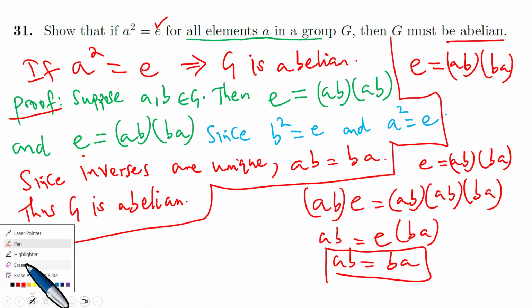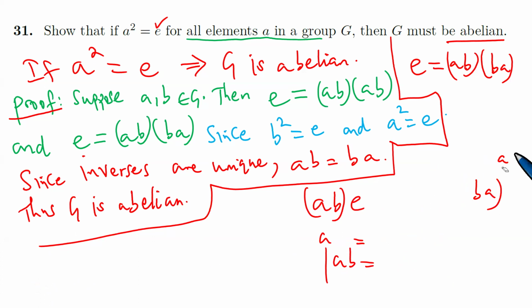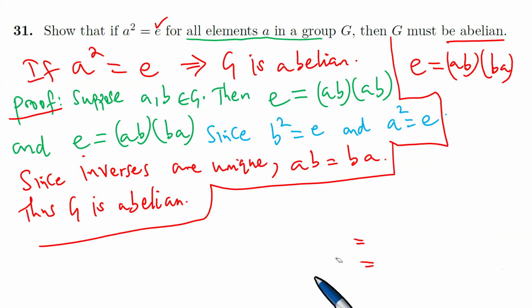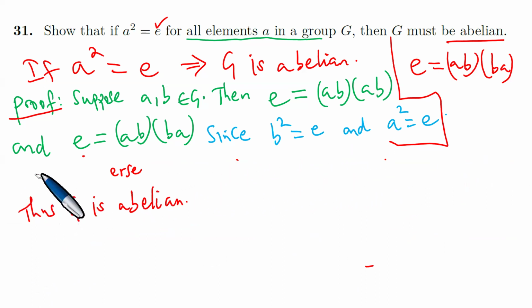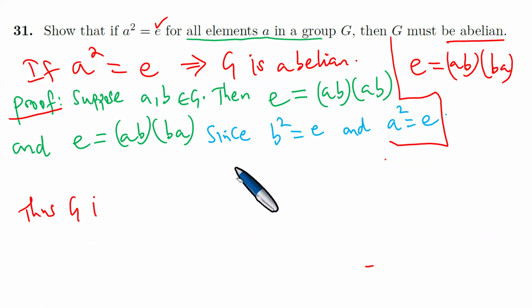And I'm thinking we can include it as part of the proof, so that it's not some side working, but it is the most important part of the mechanics. So we can say, as part of the proof, we have E is ABBA. Why is this ABBA equal to E?